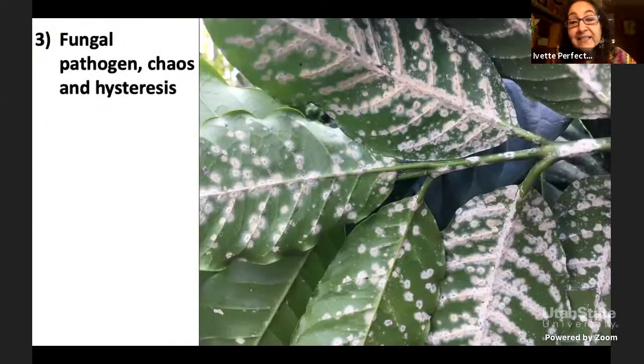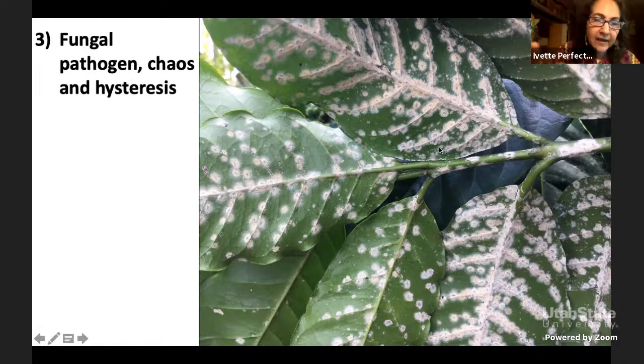So this is Lecanicillium lecanii, a fungus that attacks the scale insects and that causes epizootics. When the scales get at a very, very high density, as you can see in this picture, every single one of these scales is dead, has been attacked by Lecanicillium, and they're dead. And this can happen actually fairly fast.